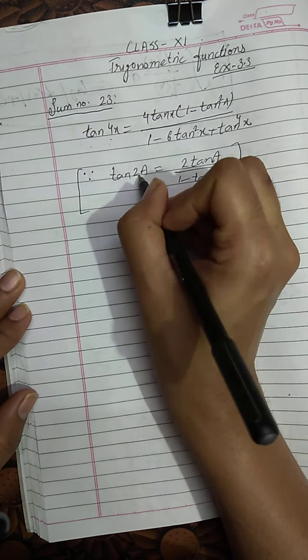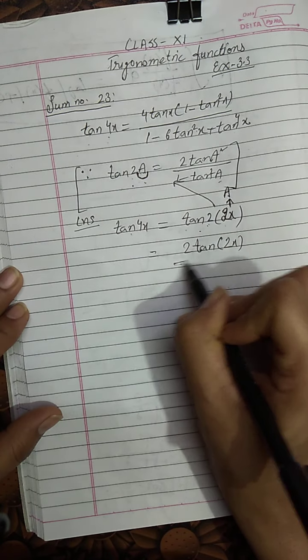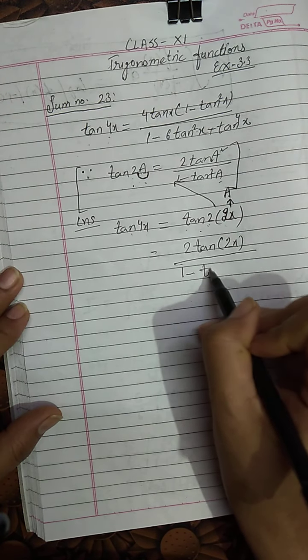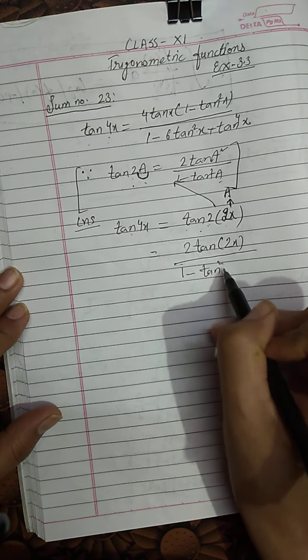Now we can apply the formula tan 2A here. 2 will remain as such, the value of A is 2x, so this will become equal to 2 tan 2x divided by 1 minus tan square 2x.